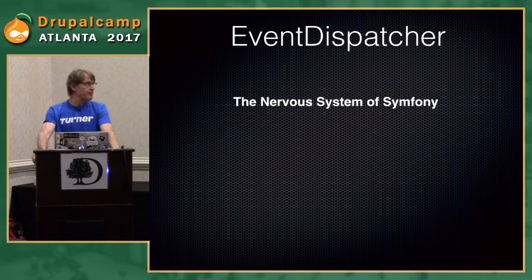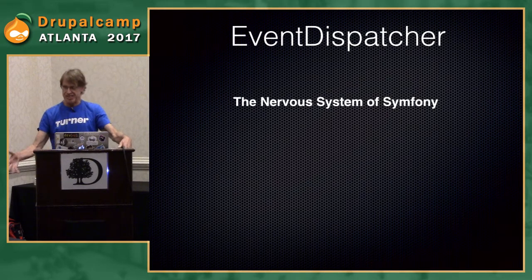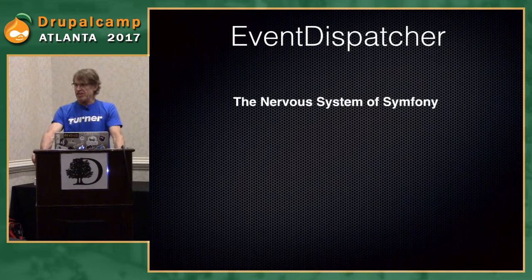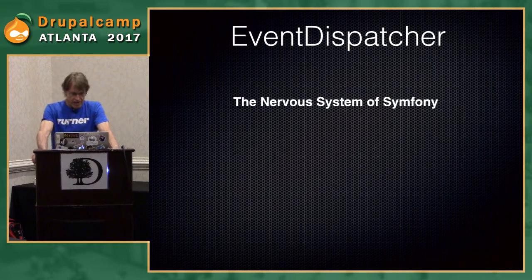So a big part of implementing a module then, and a big pain of implementing a module then, was figuring out what hooks to use at the right time. There were some alter hooks that were really obvious that you could hook into, but sometimes you'd want to get in early on in the process, sometimes late, but you were pretty much stuck with whenever Drupal would expose a hook that you could tap into.